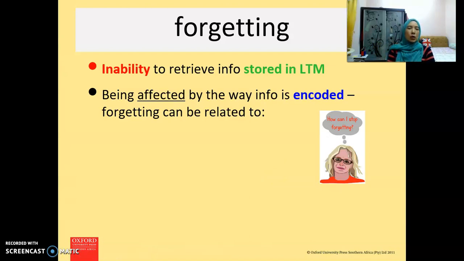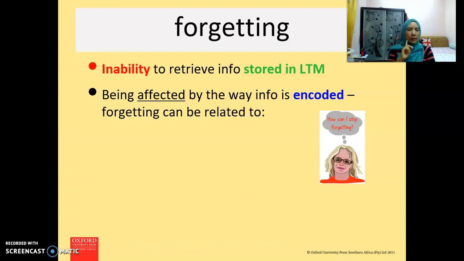And if, let's say, you want to remember the information, then you rehearse, you repeat, keep reading many times, and then you chunk the information, and then the information becomes stored in the long-term memory. But in order to recall the information, you cannot recall. That's considered as forgetting. So the inability to retrieve or to recall the information that you stored in the long-term memory is what we call forgetting.